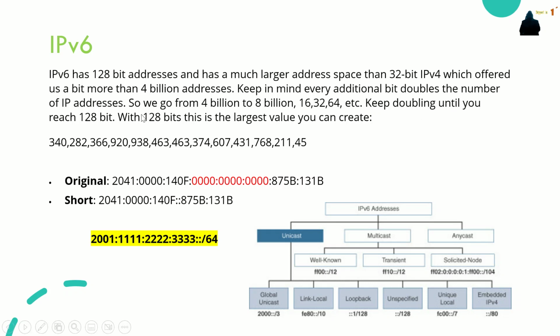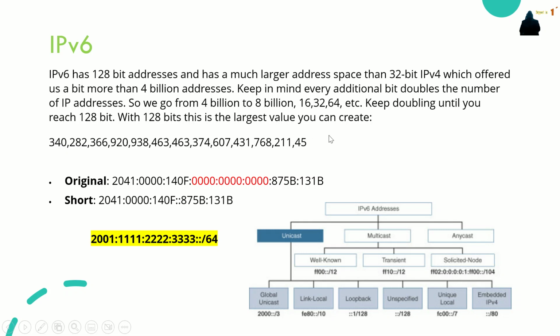Keep doubling until you reach 128, from 32 to 128 bits. With 128 bits, I mean IP version 6, this is the largest value you can create. You can see how many IP addresses we can get here.